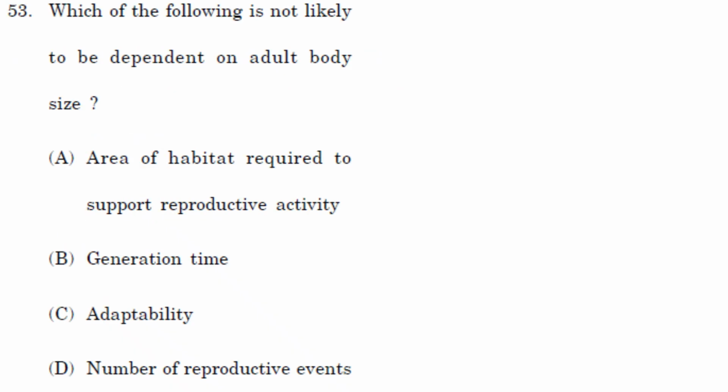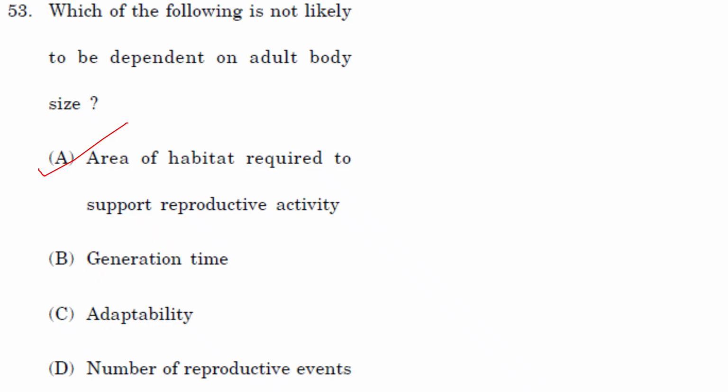Which of the following is not likely to be dependent on adult body size? Okay, allometry. Now, area of habitat required to support reproductive activity. Yes, if you see the case of larger animals, that is tiger, lion, all these things, they have a very large home range or territory size.